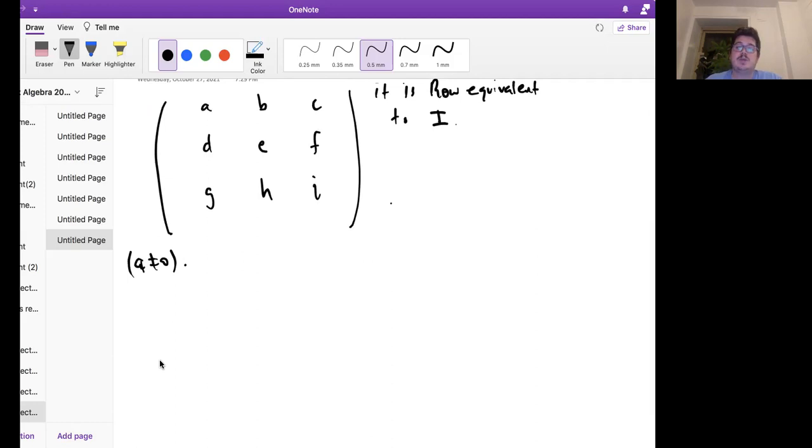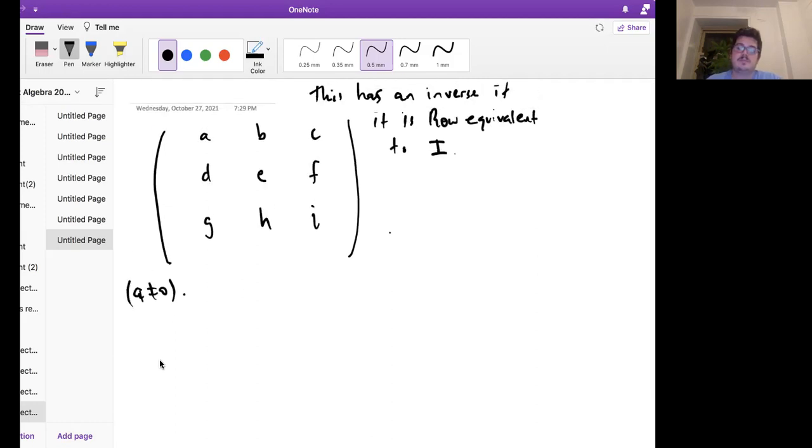So what would your first step be? I know they're letters, but pretend they're numbers, and then you could figure out what your first row operation would be.